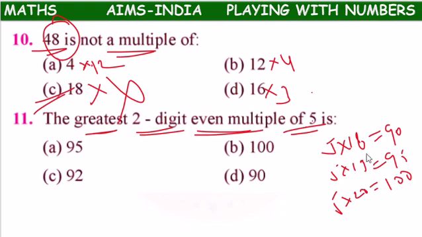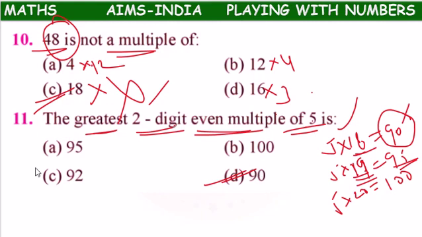So what is the greatest? 18 is an even multiple, and 90 is a 2-digit number. 95 is a 2-digit number, but it is an odd multiple, since 19 is an odd multiple. So the greatest 2-digit even multiple of 5 is 90. D option, 90 is the right answer.